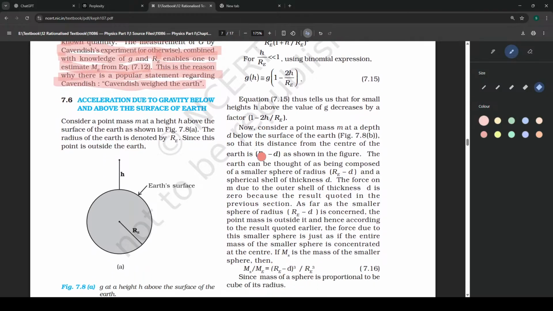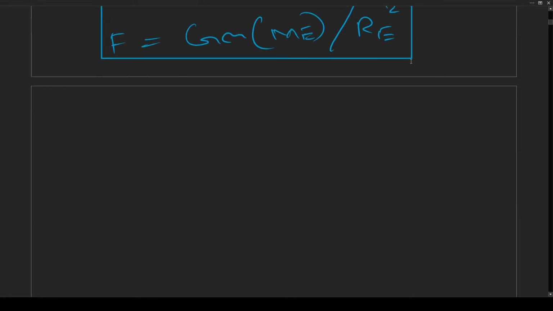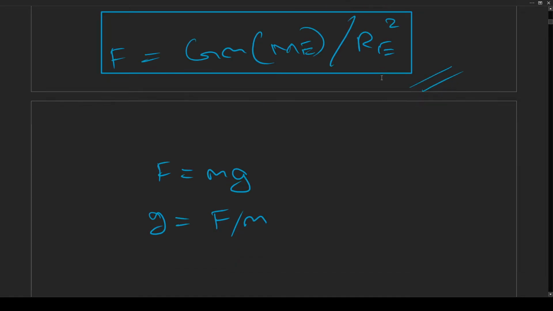Okay, then let's go to the next main topic, acceleration due to gravity below and above the surface of Earth. On the surface of Earth, we know the second relation, force equals mass into acceleration, Newton's second law. Here acceleration is the acceleration due to gravity, so F equals mg, and g, if you want to find out, is F by m. Force we know from this formula on the surface of Earth.